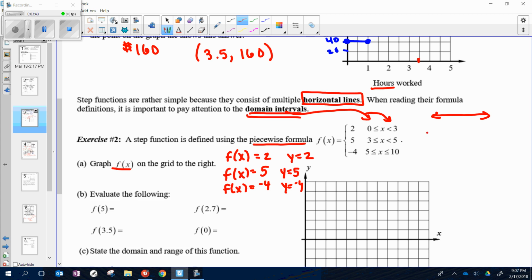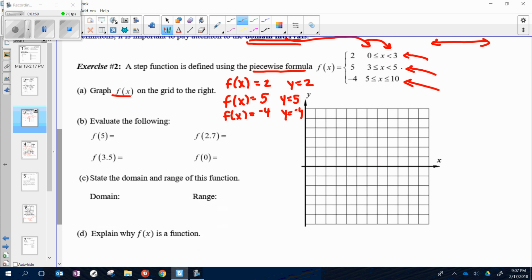And we're breaking from 0 to 3, 3 to 5, and 5 to 10 on the x-axis. So I'm going to start with my first piece, a horizontal line from 0 to 3. So here's 0, here's 3, 4, 5 is right here, 6, 7, 8, 9, 10 is right here. Those are the domain values, the x values.